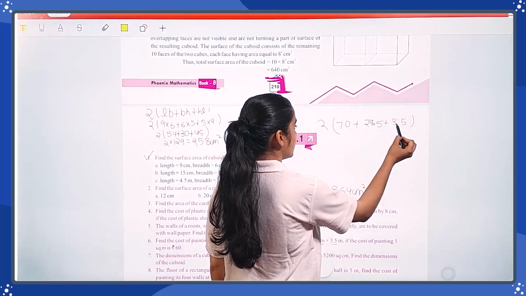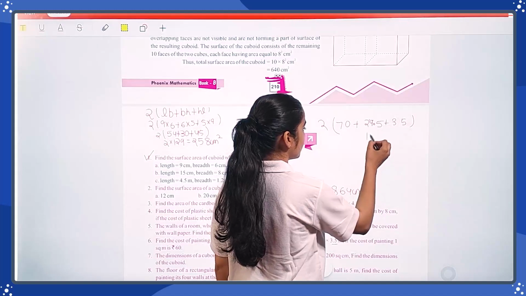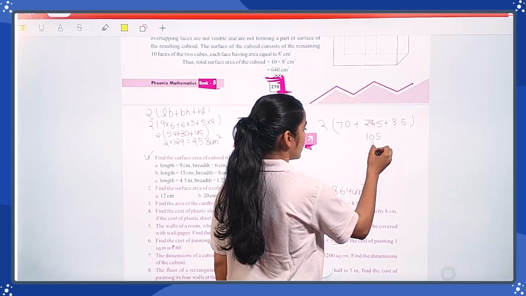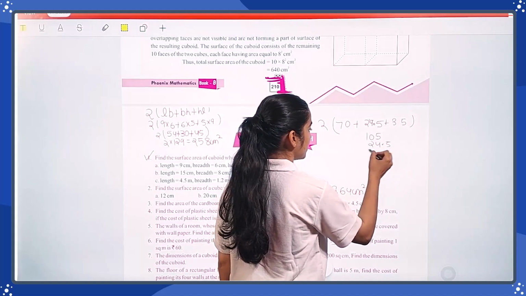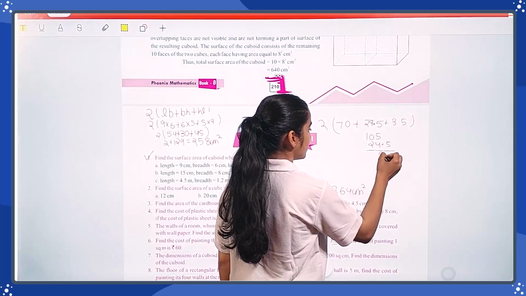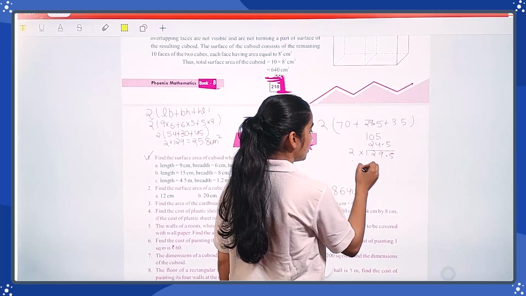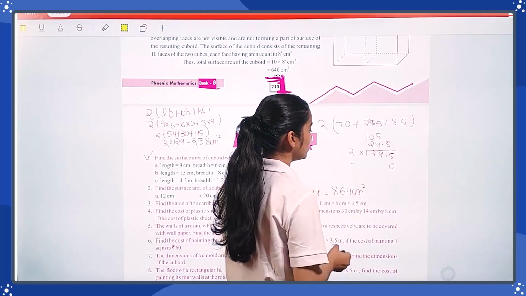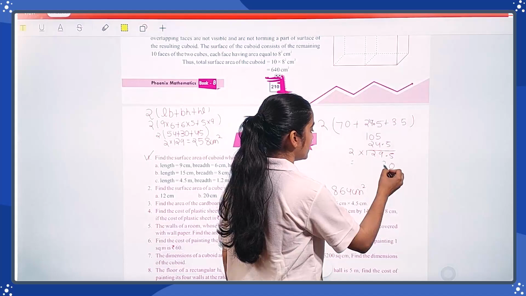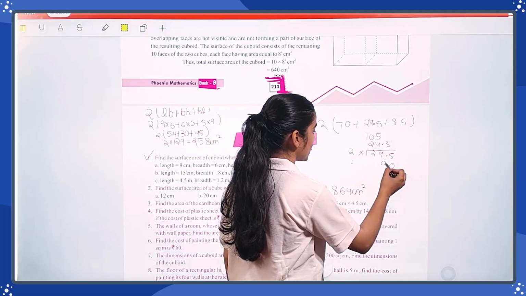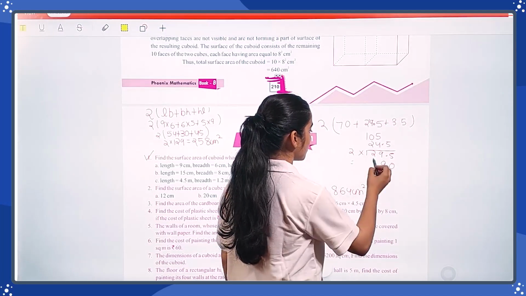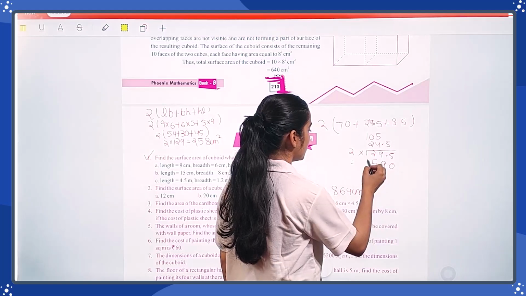70 plus 24.5 plus 35 is 129.5, multiplied by 2 is 259.